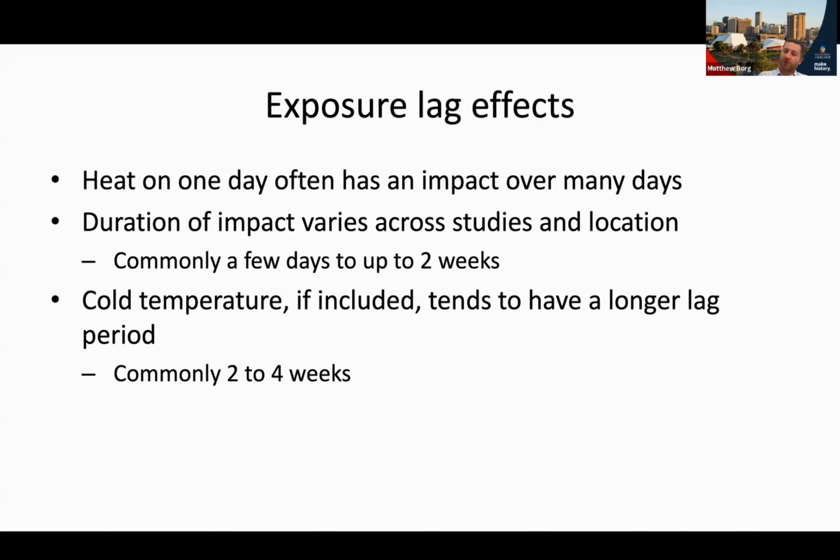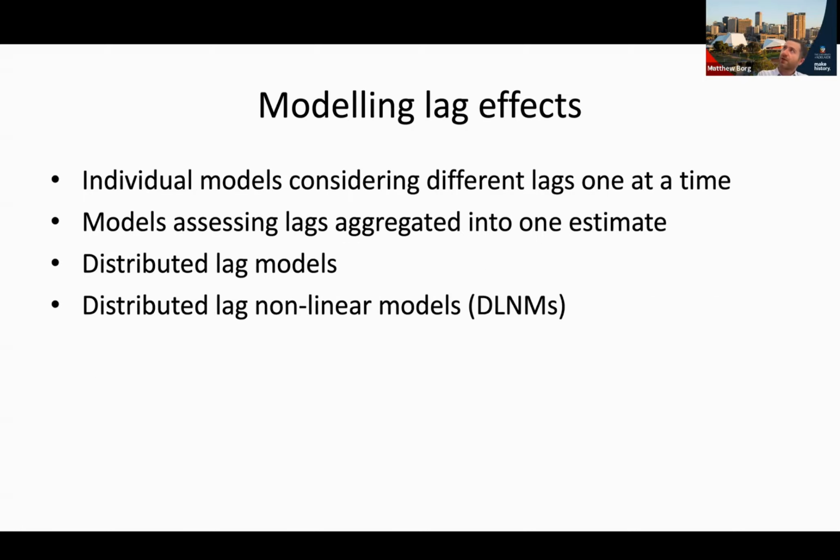You also tend to need to model that. So how do we model the lag effects? There are multiple ways to model lag. One way is to use individual models, one for each different lag period. You investigate one lag period at a time.